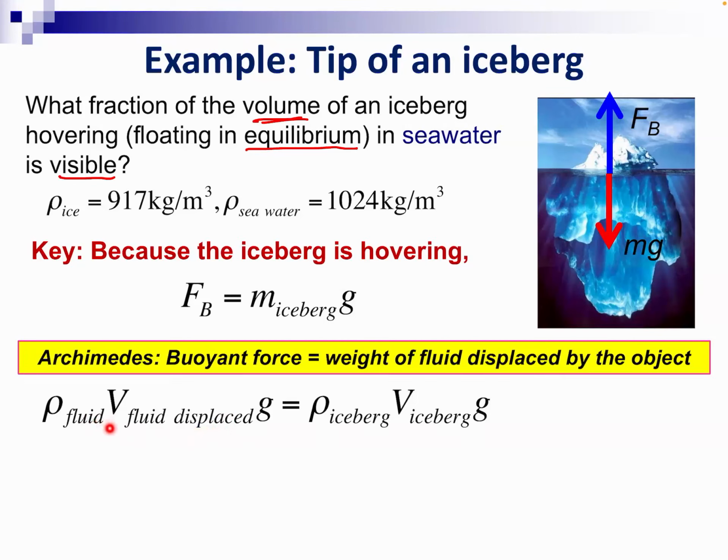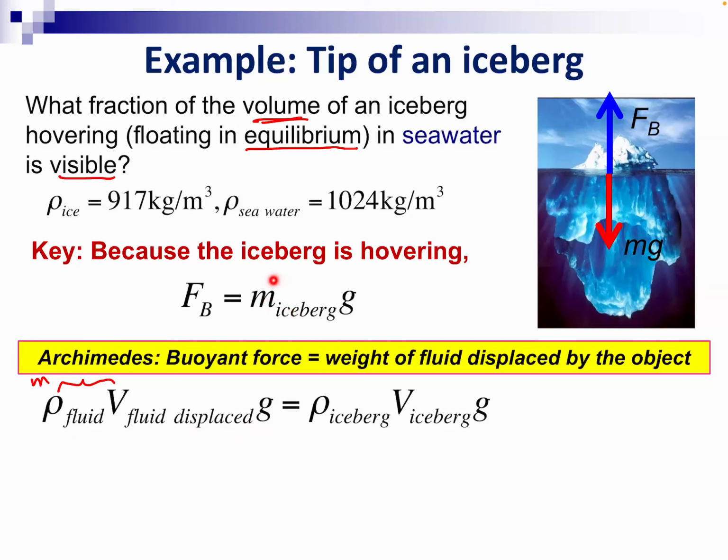Weight is mass times gravitational acceleration. Mass is written in the form of density times volume, multiplied with g, giving you the weight of the water displaced.